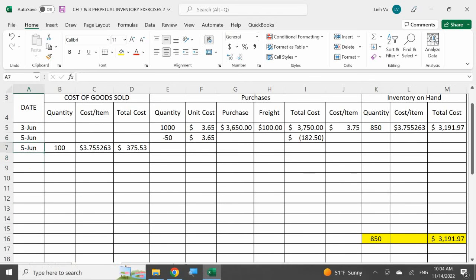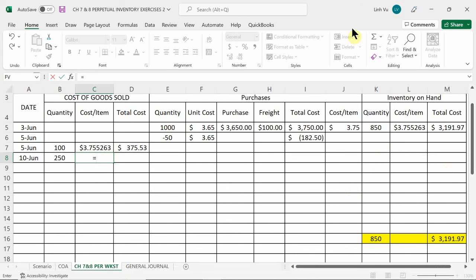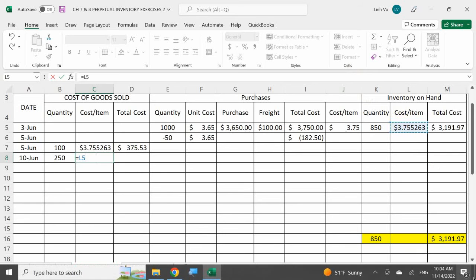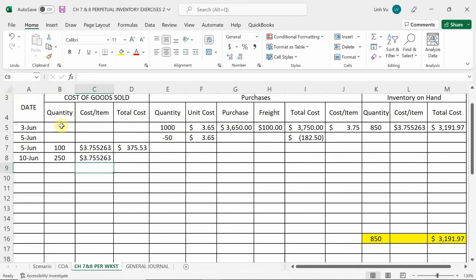Today is June 10. We sold 250 units at my price right now. Since I only have one batch of inventory, right? It's going to be at 3.755263.